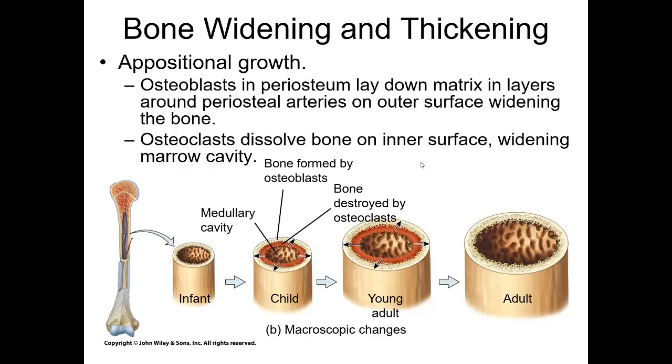So more layers being put on the outer surface causes widening of the bone. Now you don't want the bone to just be wide on the outside. You want the medullary cavity to increase in width as well. So the osteoclasts, or the macrophages, the eater cells, are dissolving bone on the insides, causing the medullary cavity to increase in width.